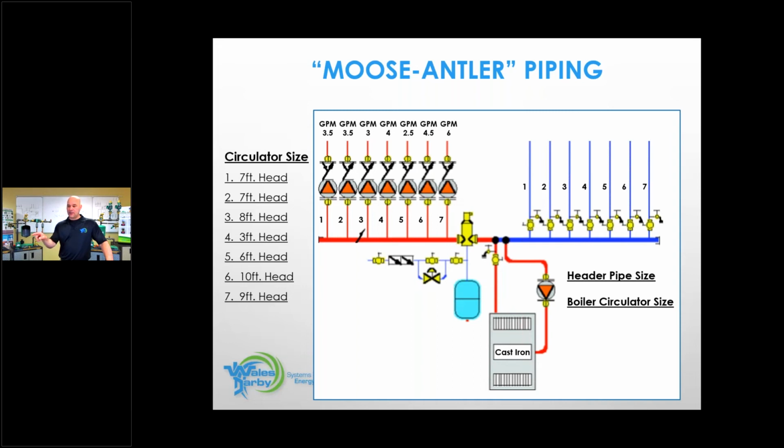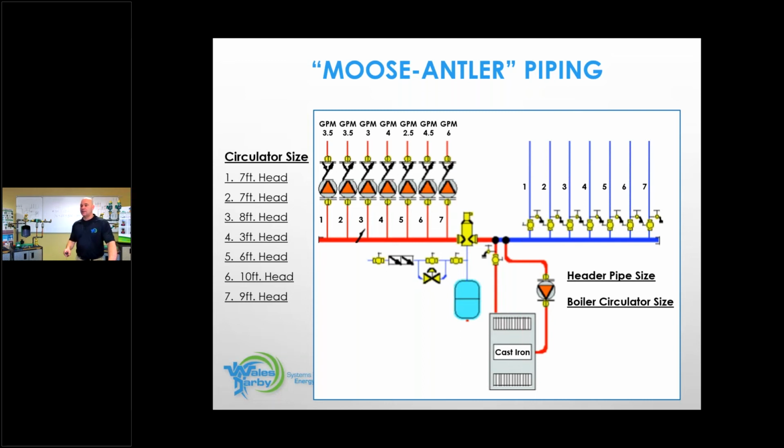And then we would like to know the size of the header to support the BTU of this system, and this circulator size to move the water across this cast iron boiler and get the proper flow. So I will put up a circulator chart whenever you need it.